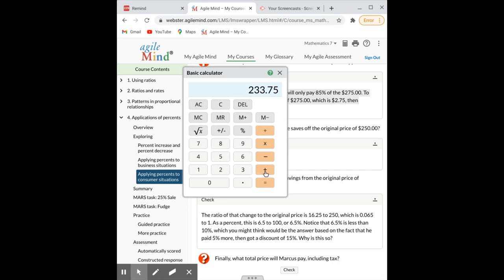You would add 8%. That's right. So I'm going to do that very quickly. And when we do that, we added 8%. So that gave us $252.45.